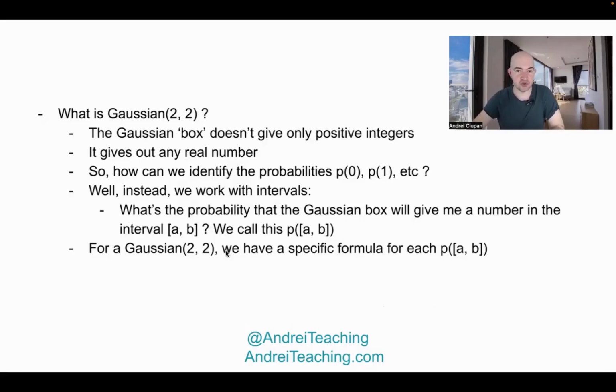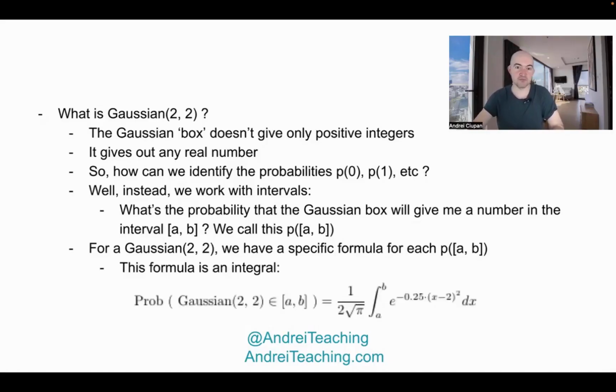So for Gaussian 2, 2, we have a specific formula for any interval, P of AB. This formula is an integral that has this form. It's not so crazy, actually, but this is what it looks like. For any AB, it's an integral of this function. This is the Gaussian 2, 2.